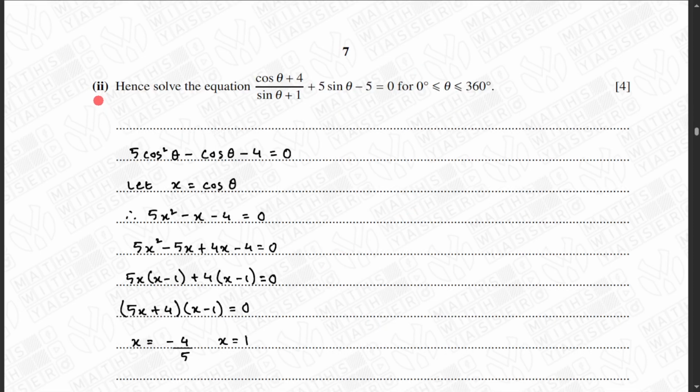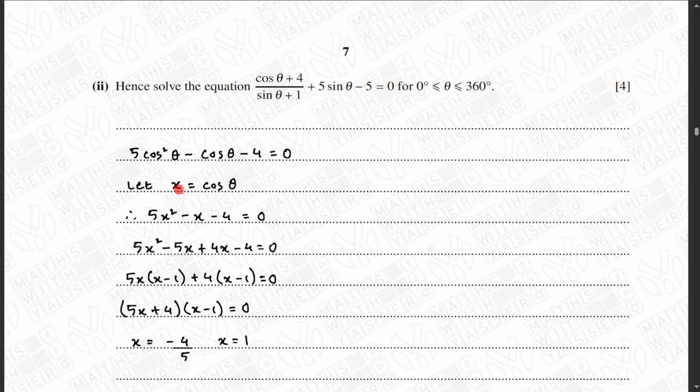The second part of the question says, hence solve the equation (cos theta plus 4) over (sin theta plus 1) plus 5 sin theta minus 5 equals 0 for this limit. We have already expressed this equation in the previous part, which is 5 cos square theta minus 4 equals 0. We can clearly see that this is a quadratic equation.